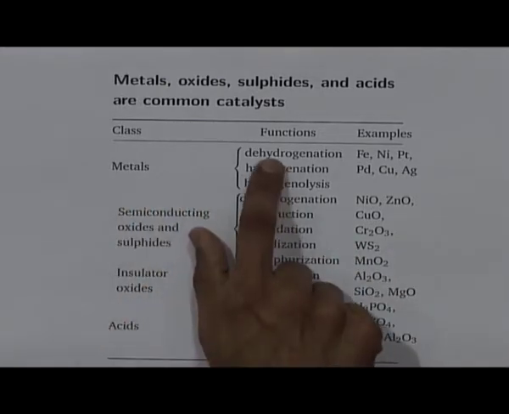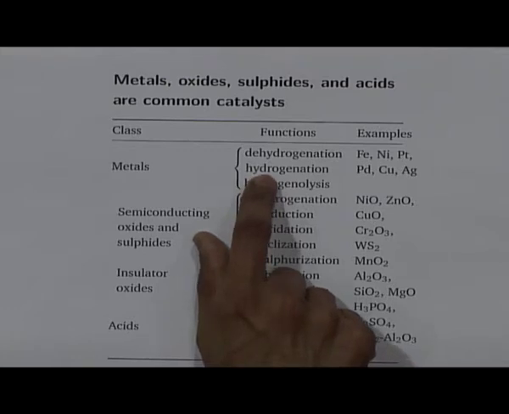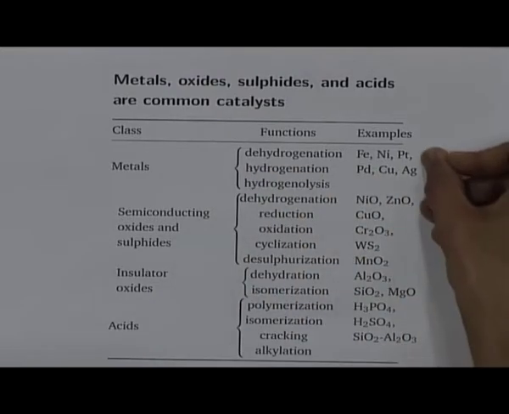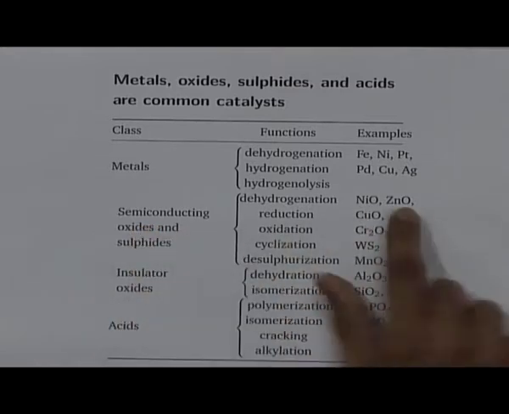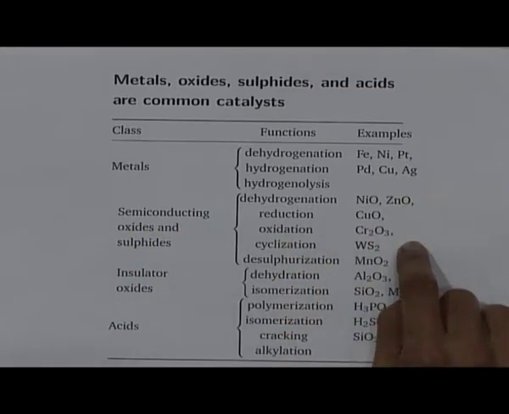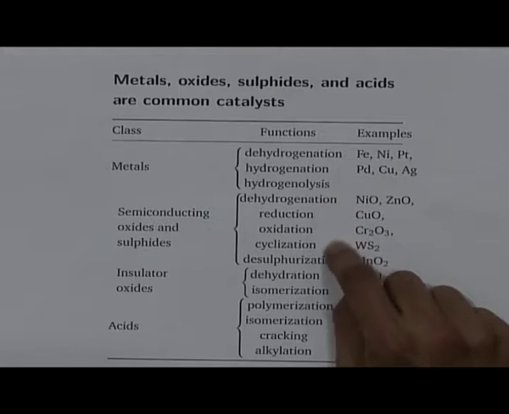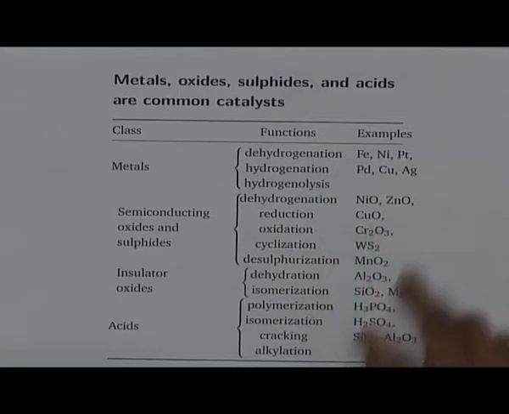So, for dehydrogenation or for hydrogenation of the type that got Paul Sabatier the Nobel Prize for olefin hydrogenation, involving metals here, semiconducting oxides of the type that are listed here could be used for any one of these 5 categories of reactions that you have got.